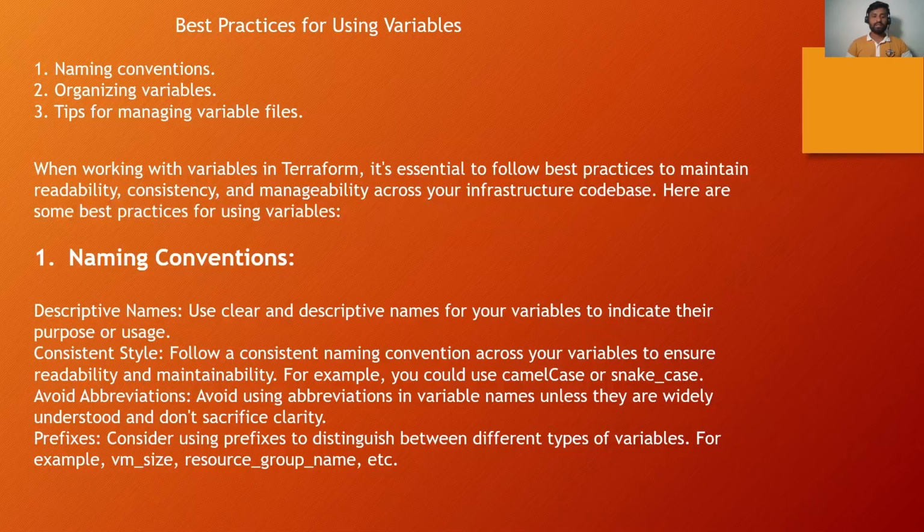Then consistent style: follow a consistent naming convention across your variables to ensure readability and maintainability. For example, you could use camel case or snake case. Avoid using abbreviations in variable names unless they are widely understood and don't sacrifice clarity. Prefixes: consider using prefixes to distinguish between different types of variables. For example, vm_size, resource_group_name, etc.